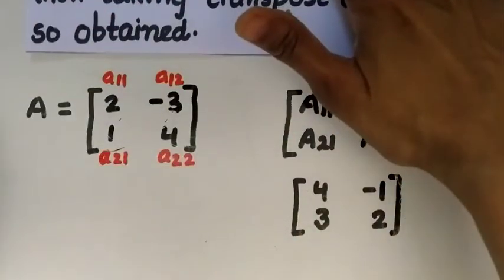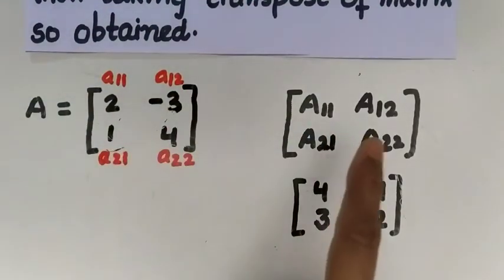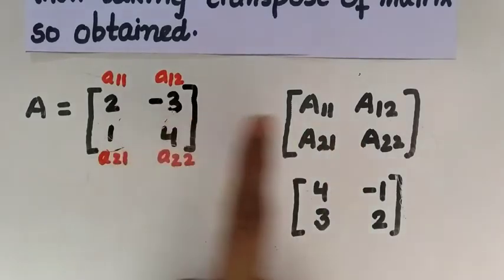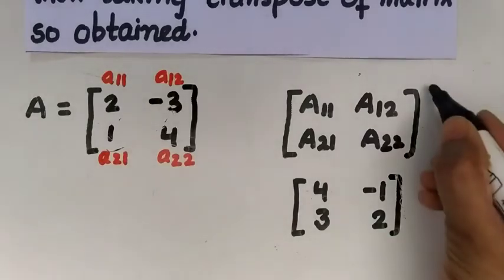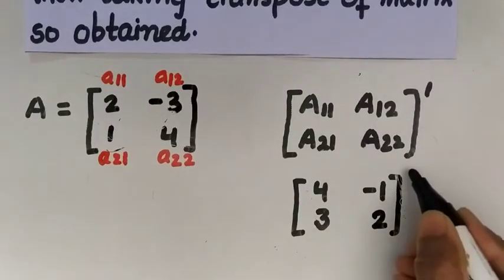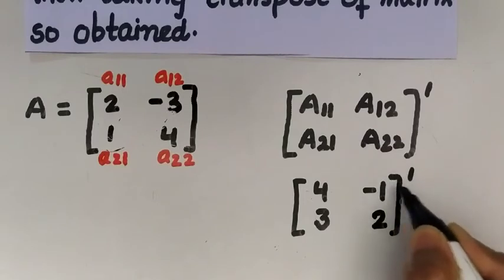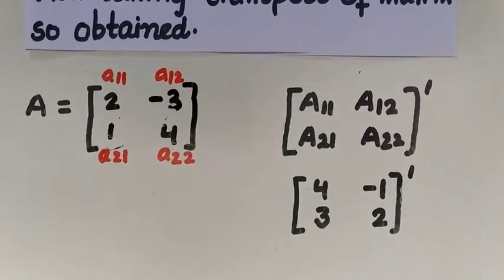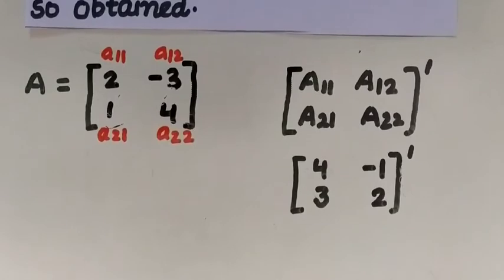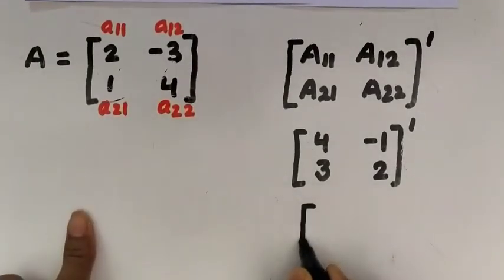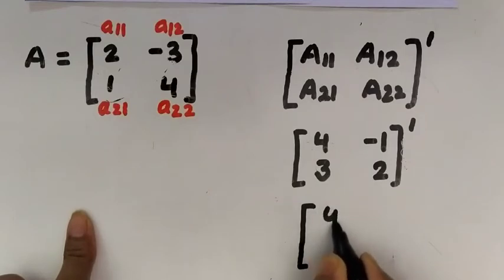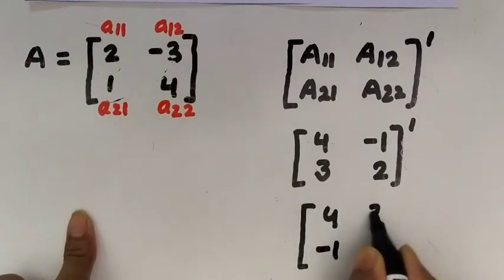So students, after replacing all the elements by their corresponding cofactors, now this is the matrix. Now we will take transpose of this matrix, and after taking transpose, the matrix obtained will be 4, minus 1, 3, 2.